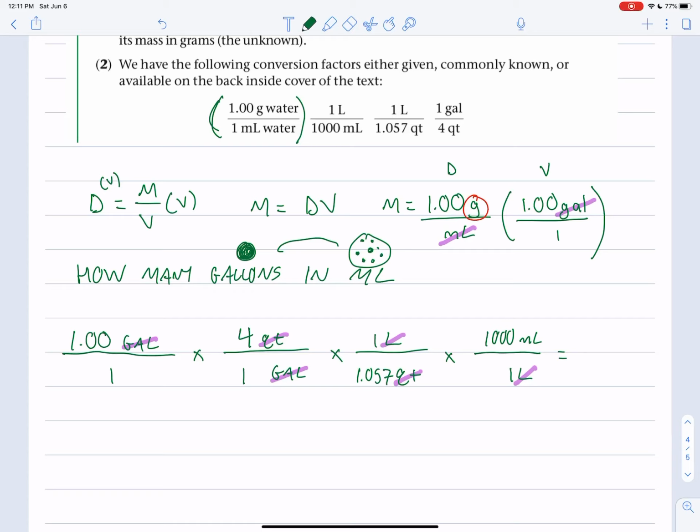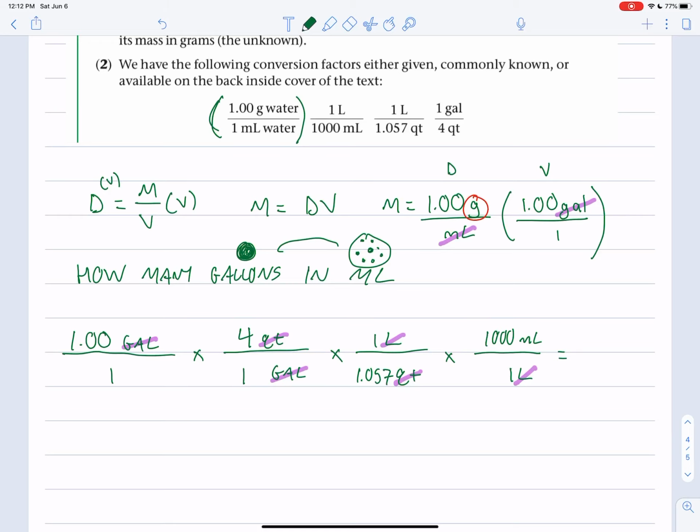The first thing is just 1 times, so we can even skip gallons. So we're just going to do 4 quarts times 1 over 1.057 times 1,000 milliliters. So we'll double check that. 1 gallon, which we don't really need to multiply this by 1. 4 quarts times 1 over 1.057 times 1,000.